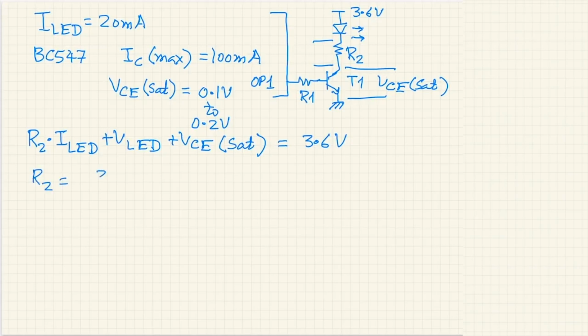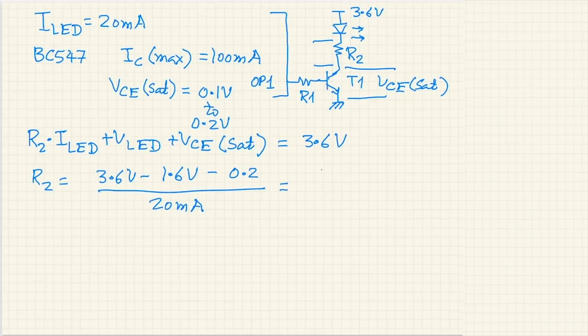So R2 is equal to 3.6 volts minus 1.6 volts for the voltage drop across the LED, minus VCE SAT, and let us choose 0.2 volts as the saturation voltage for BC547, divided by 20 milliamperes, because that is our load current. This becomes 1.8 volts divided by 20 milliamperes, and this returns the value of R2 to be equal to 90 ohms.